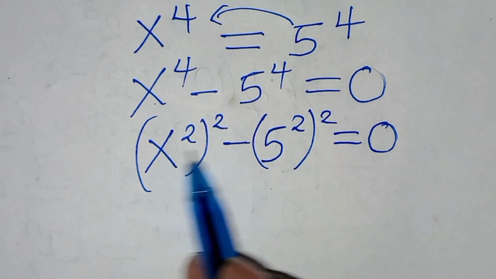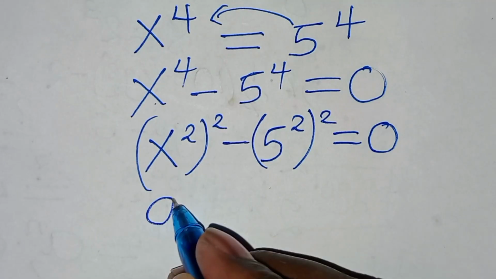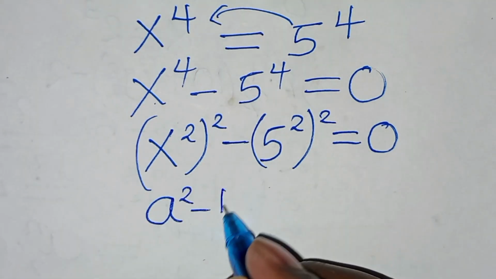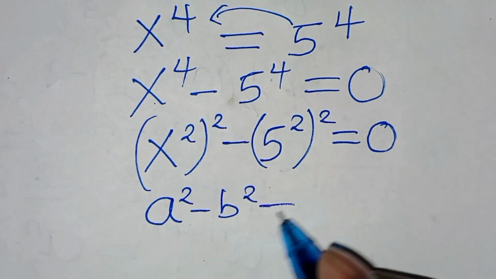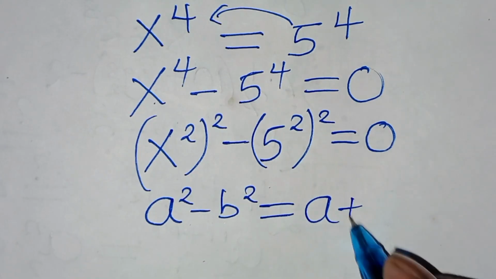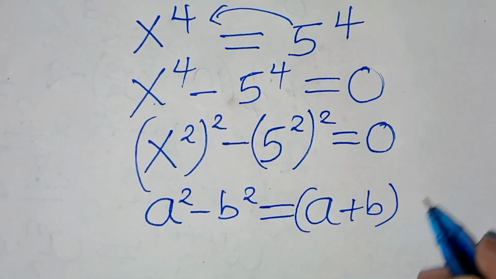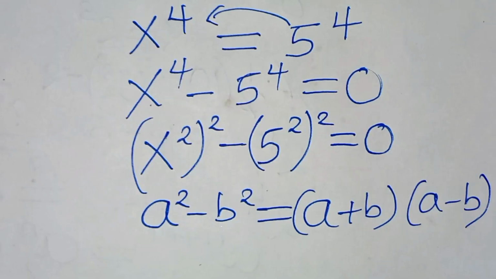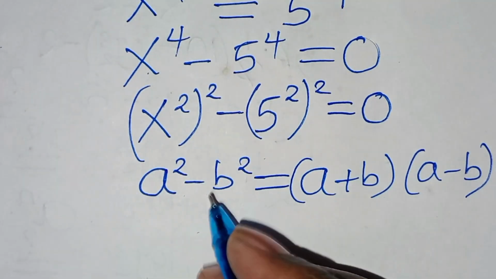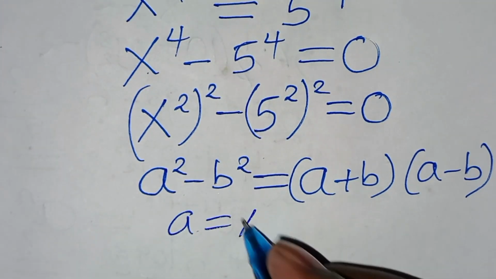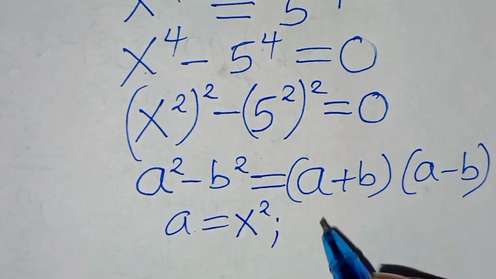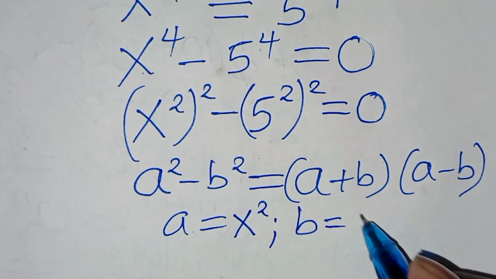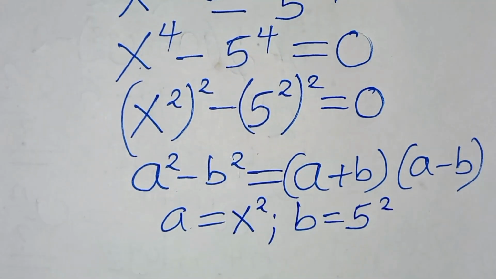Now, this equation is in the form of a to the power 2 subtract b to the power 2, which we can express as a plus b, then a minus b. From this equation, we have a equal to x to the power 2, and we have b equal to 5 to the power 2.